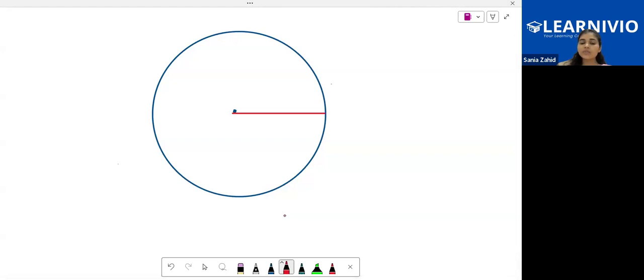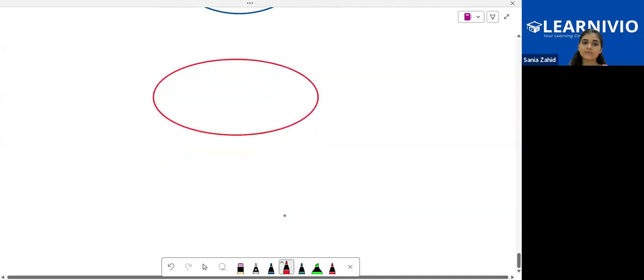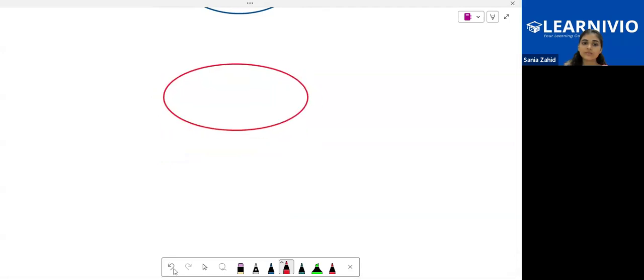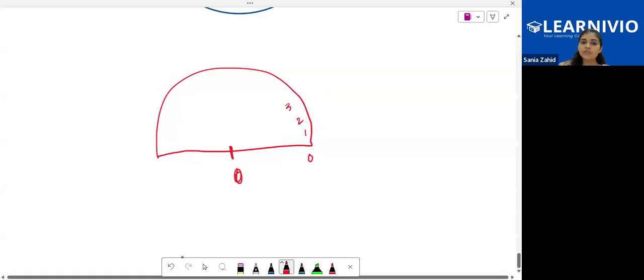Now, can you see the zero? See, your protractor looks something like this. Yes, ma'am. Then you have a zero mark over here. You have 0, 1, 2, 3, 4, 5, 6 going from here to here till 180 degrees.